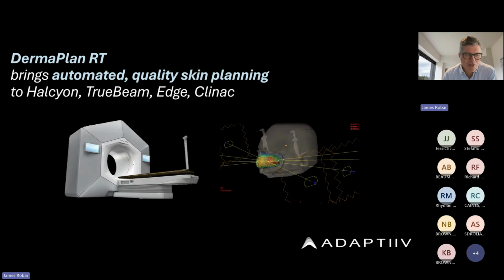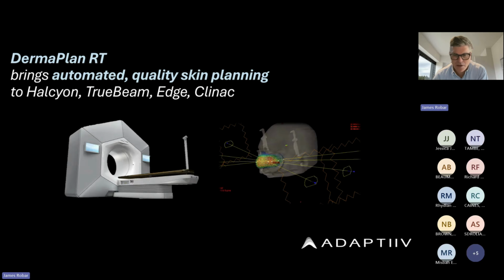A little bit of a story. We at Adaptiiv partner very closely with Varian. In fact, we were the first member of their 3Co system, which is like an organization for other third-party products for compatibility and sales and so on. And Varian disclosed that their Halcyon users or potential Halcyon users were kind of struggling with skin sometimes at the planning step because they were used to having electron beams.